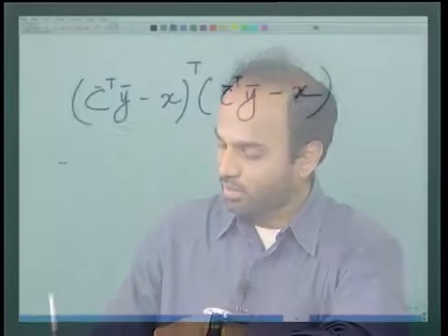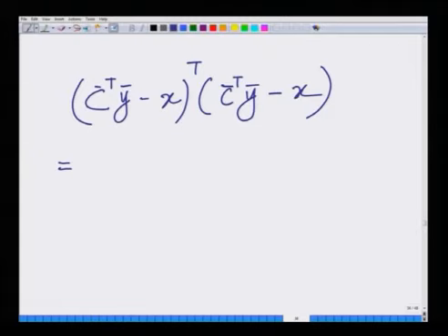I can write this as follows. Both these are scalar quantities. So, I will simply write this as C transpose y minus x into C transpose y minus x transpose.